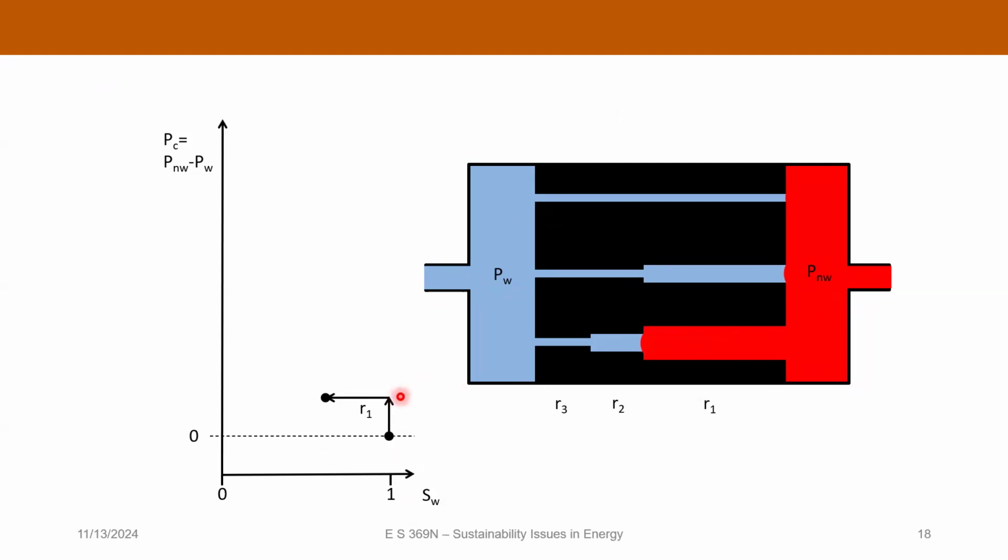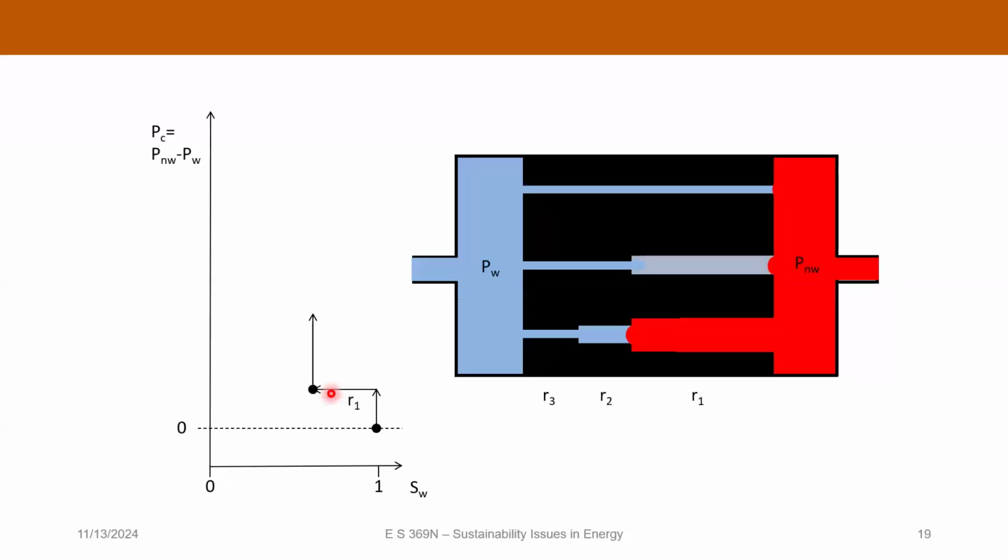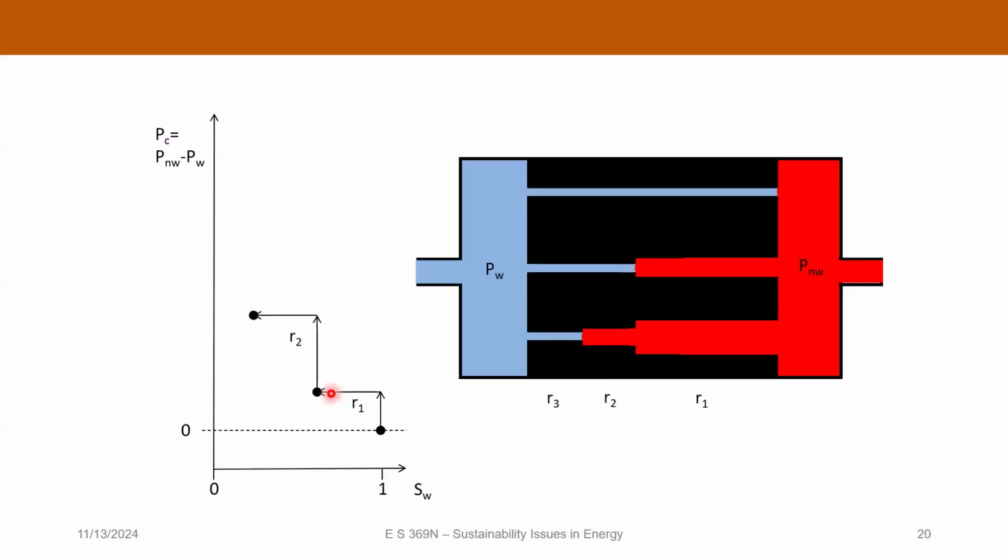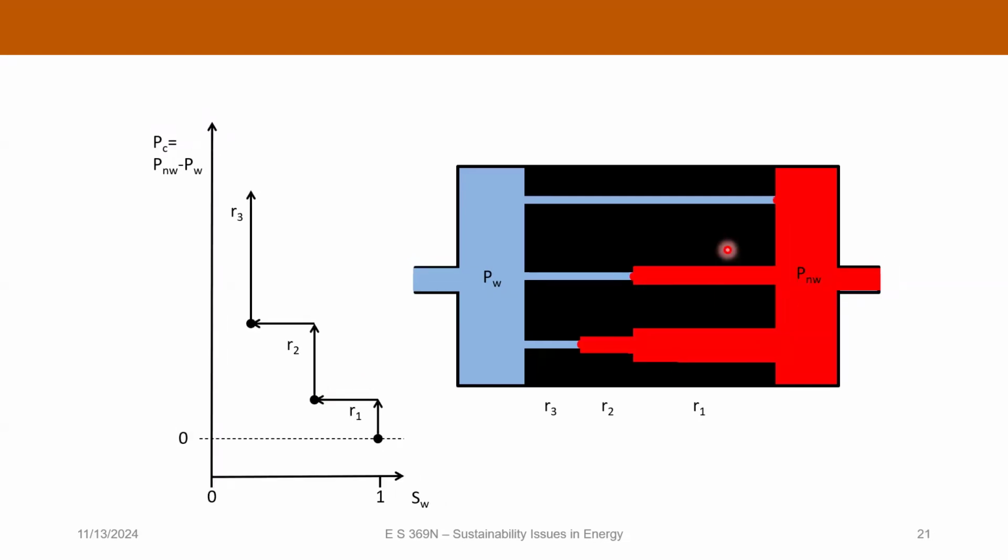So we've reduced the water saturation there. And if I keep increasing the pressure, I will then drain the wetting fluid out of the medium-sized pore. And then eventually, if I increase the pressure enough, I would drain all of the wetting fluid out of the small pore here.